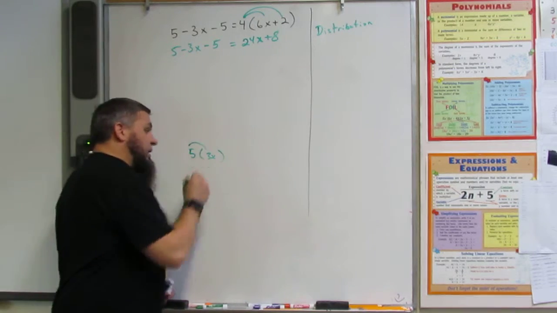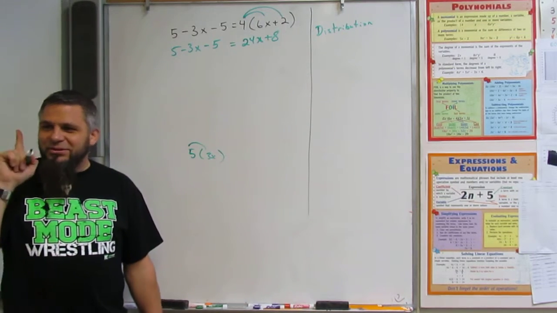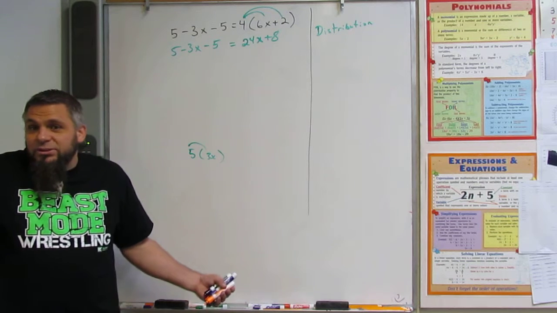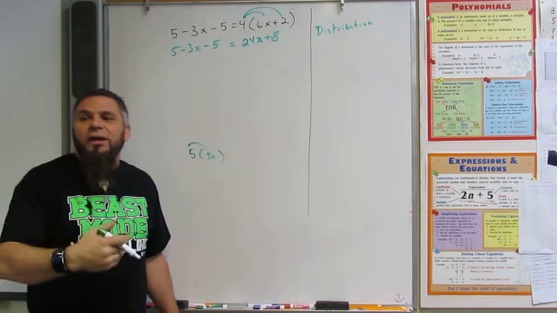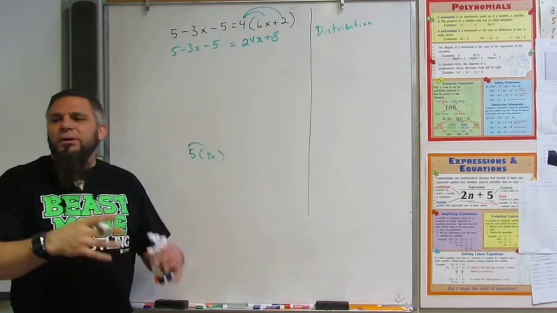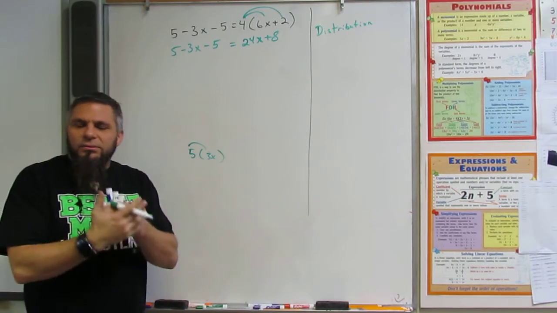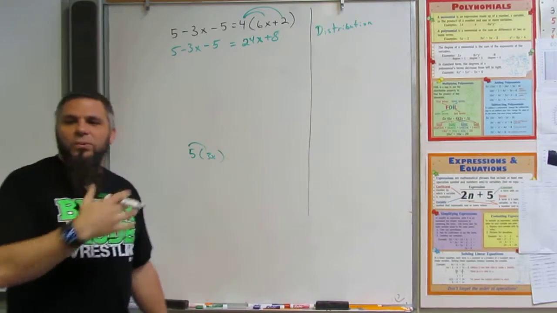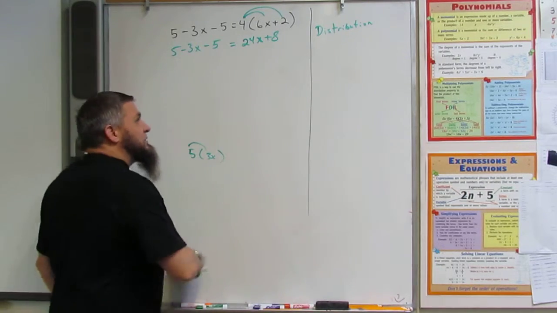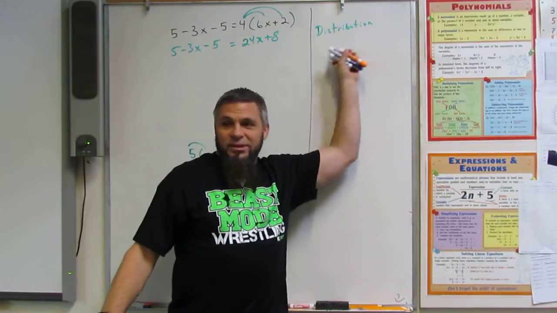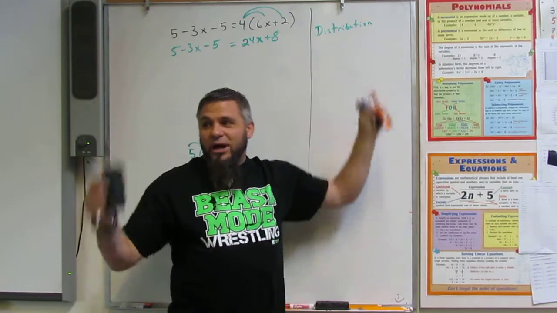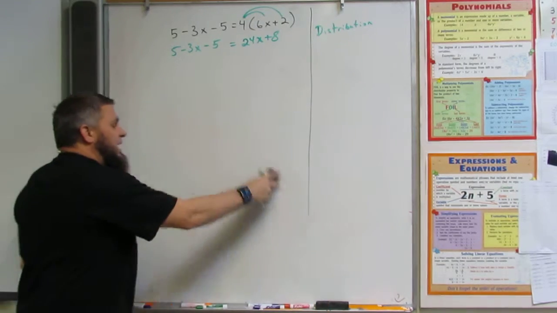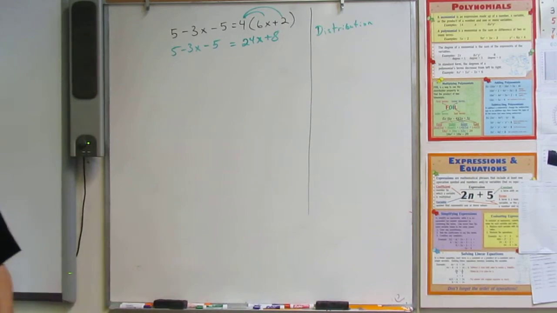You're just distributing it to one term, but you're still distributing it. This way, you won't get caught up on the word distribution. It won't lose you when we get to the test, because they will not have this word anywhere on the test. You've got to pull it out of your head. Does that make sense? So the more we write it, the more your brain will hold on to it.